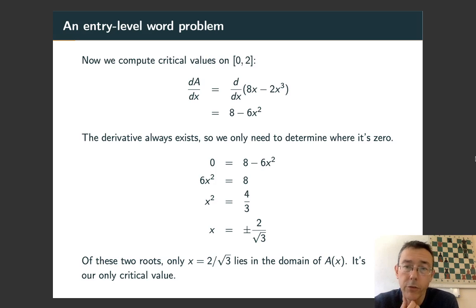I'm not bothering to rationalize denominators. That's not something that matters so much to me. It's kind of an artifact of times when dividing by radicals was a lot harder than multiplying by them. But obviously that's not an issue anymore. Now, only one of those two roots lies in the domain, right? We're looking from 0 to 2, and so the negative root there is not in our domain. We're going to ignore it. We have one critical value, 2 divided by the square root of 3.